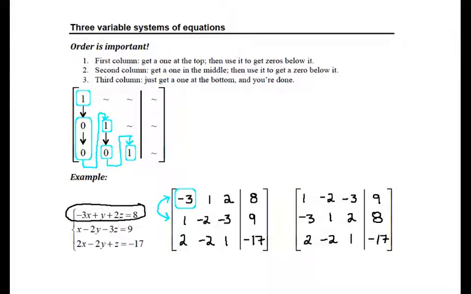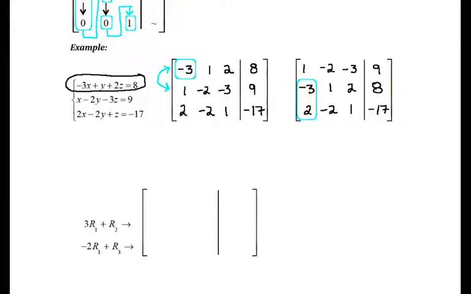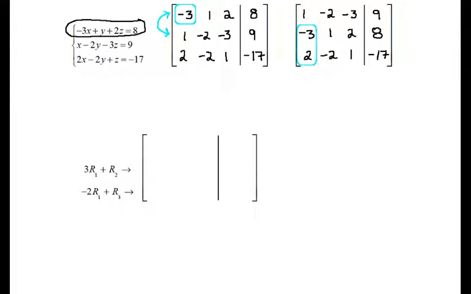Now that I have the 1 in place, I'm going to use it to get zeros in the two positions below it. The two transformations that are going to accomplish that for me are written down here: 3 times row 1 plus row 2, and -2 times row 1 plus row 3. Let's do those transformations and then see why they worked. I'm going to write them down off to the side here. 3 row 1, row 2, and then I will add them together.